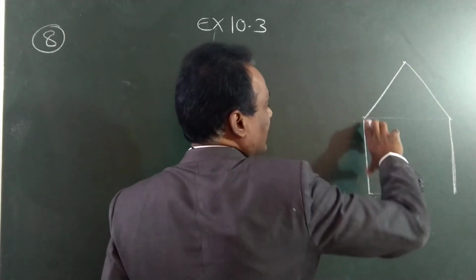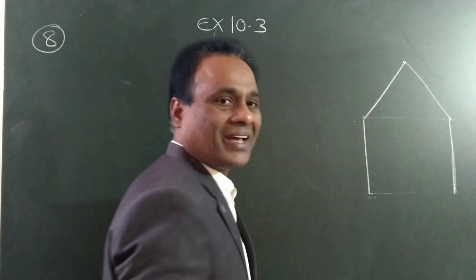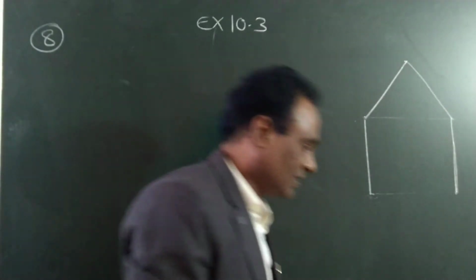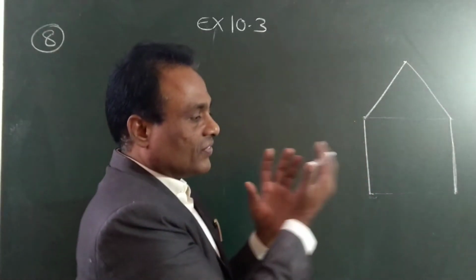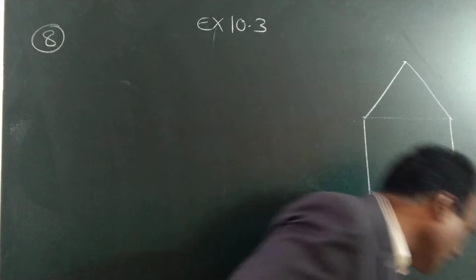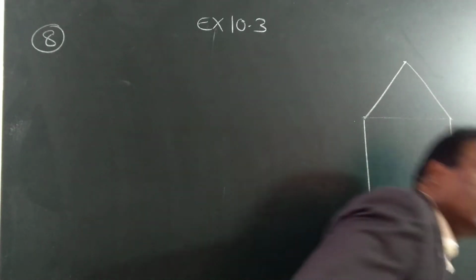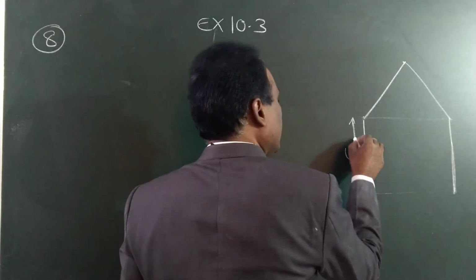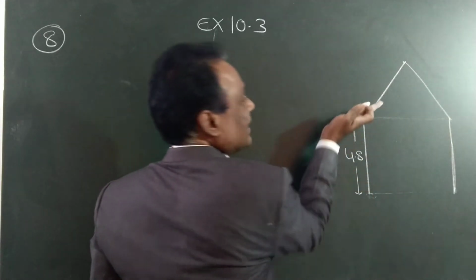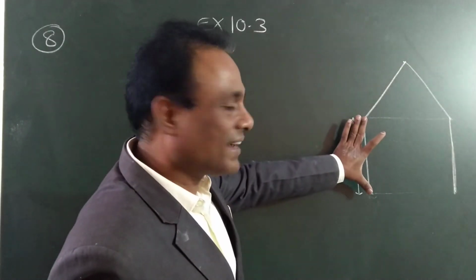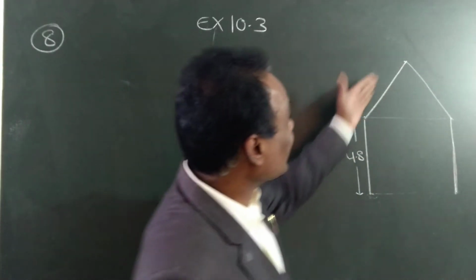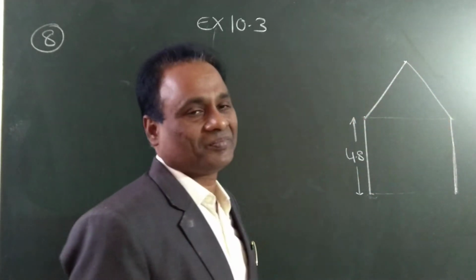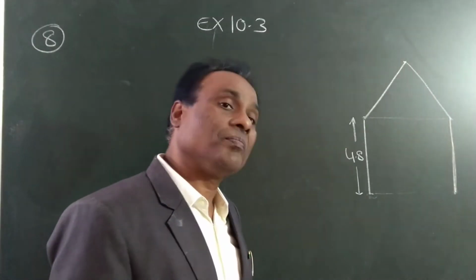Up to some extent it is a cylindrical, round shape. After that, cone shape. Up to a height of 4.8 meters it is a cylindrical shape. On the cylindrical shape there is a conical shape. That is the shape of the tent.